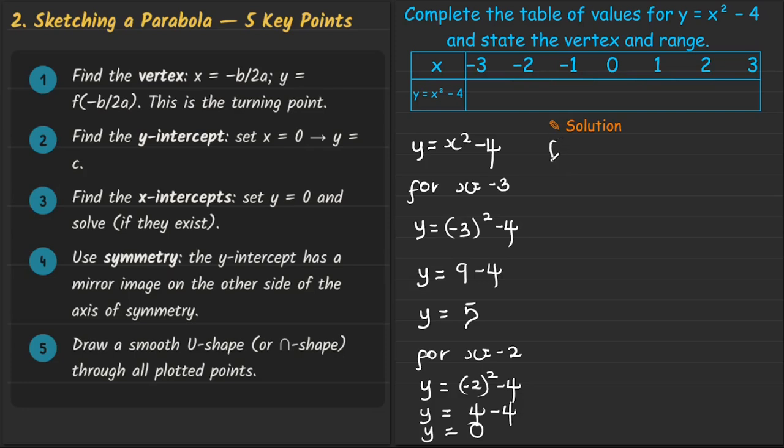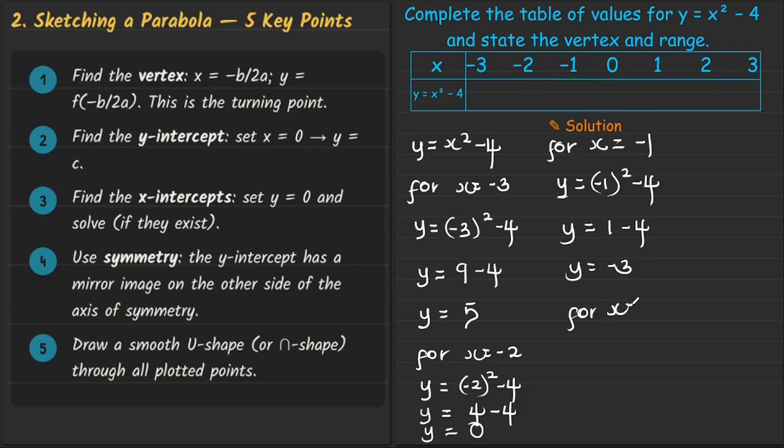So we have for x being equal to -1. So we substitute x for -1. Hence we have our y equal to, instead of x squared, -1 all squared, then minus 4. -1 squared gives us a 1. So we have 1 minus 4, which then gives us a -3. Then for the last one I'll be doing, we say for x equal to 0.